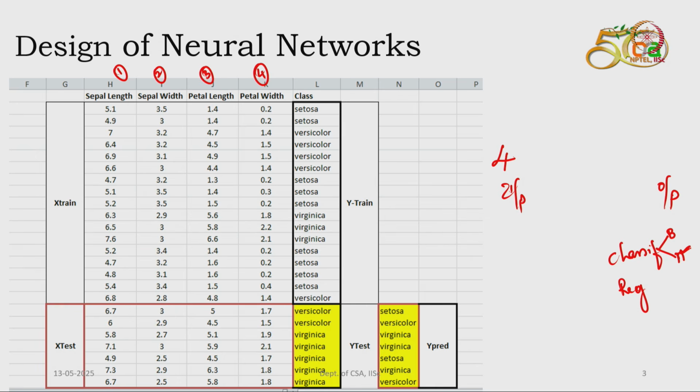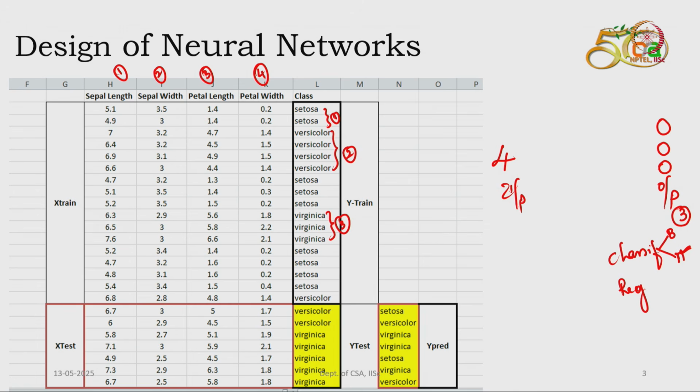When there is a multi-class classification, count how many classes there are. Here this is one class, this is a second class, and we have a third class. Since there are 3 classes, it is a multi-class classification problem. Because there are 3 classes, we are going to place 3 neurons at the output layer. I hope this one point is clear to us.